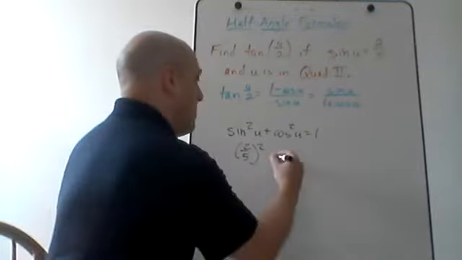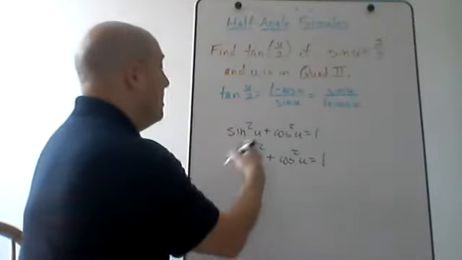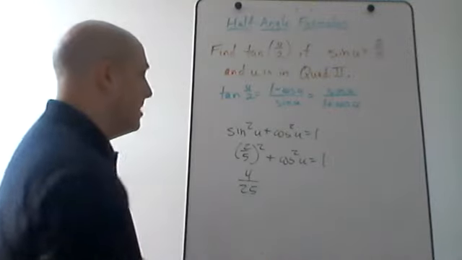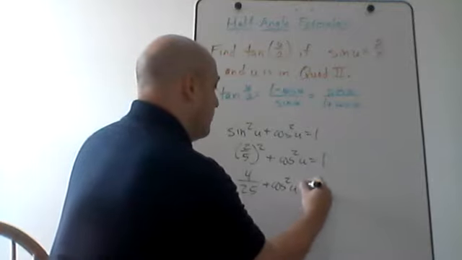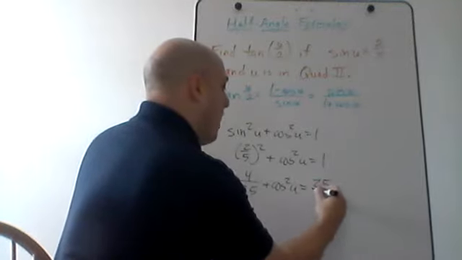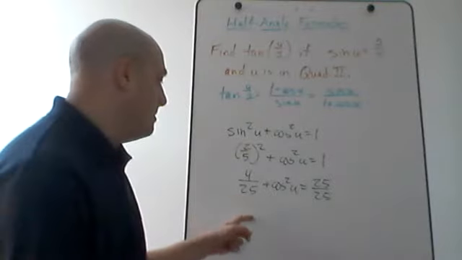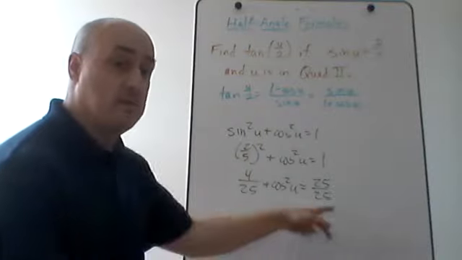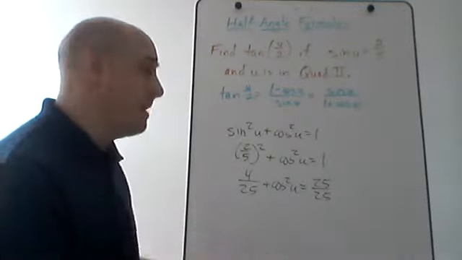So 2/5 squared plus cosine squared of u equals 1. Remember when you square a fraction, you square the numerator and denominator, so that's going to be 4/25 plus cosine squared of u equals, now instead of 1, I'm going to write that as 25/25. Because I'm going to have to subtract this 4/25 to the other side, and in order to subtract it, my two numbers need common denominators.